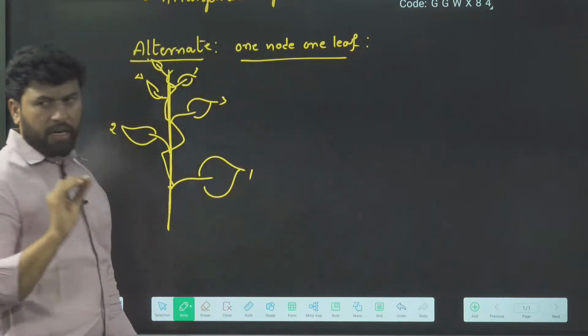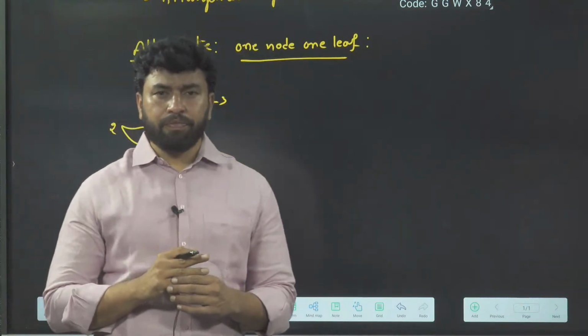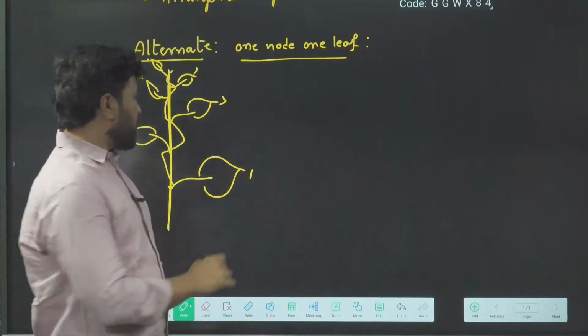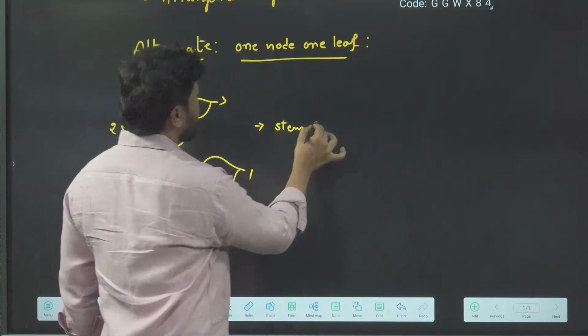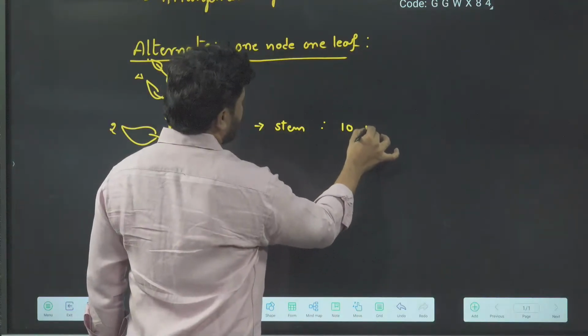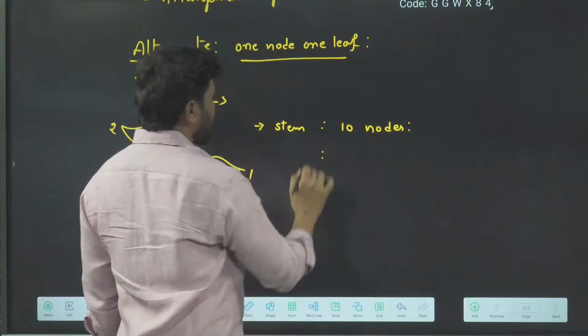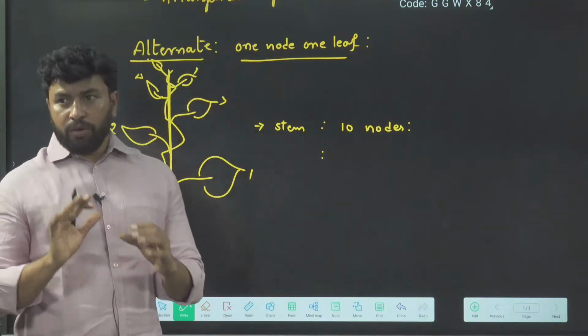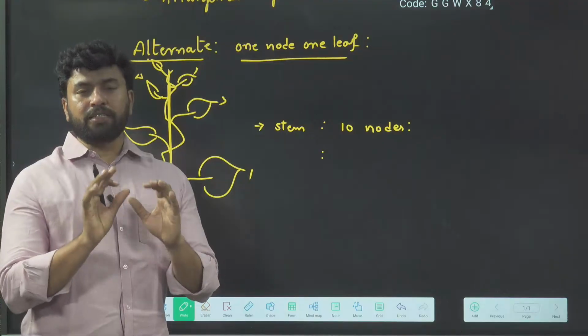Most commonly asked statement regarding this alternate phyllotaxy. See, I have taken a stem which has 10 nodes. In that stem, 10 nodes are there overall. How many buds on the stem can you identify?